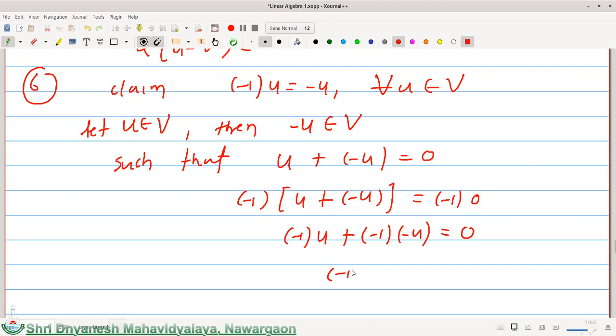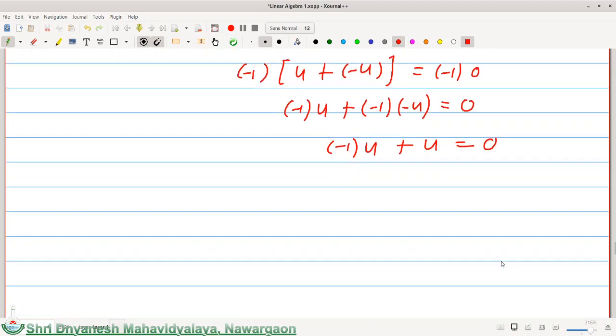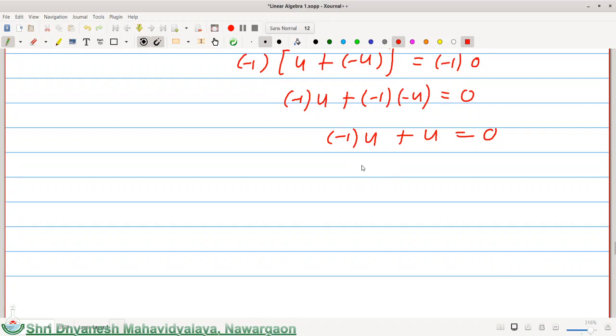So minus 1 into u plus u is equal to 0. So this equation means minus 1 into u is the additive inverse of u.